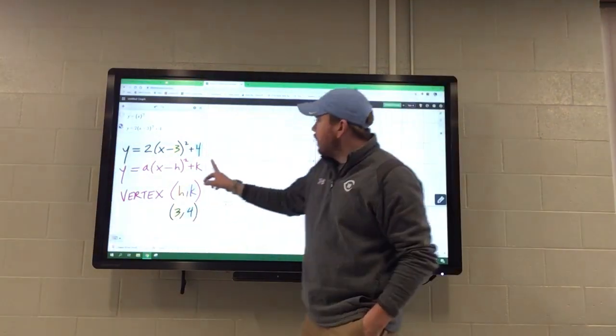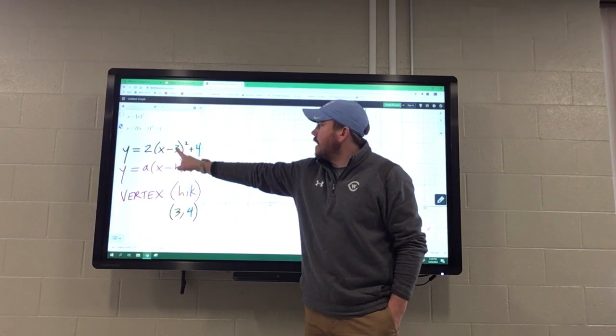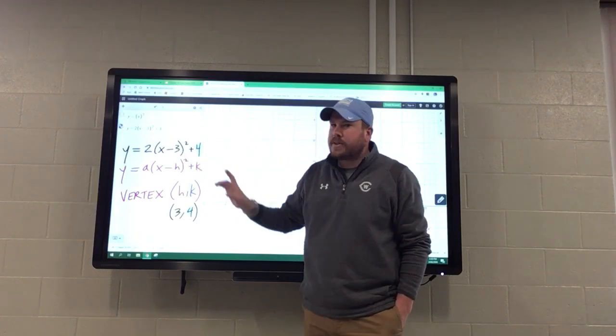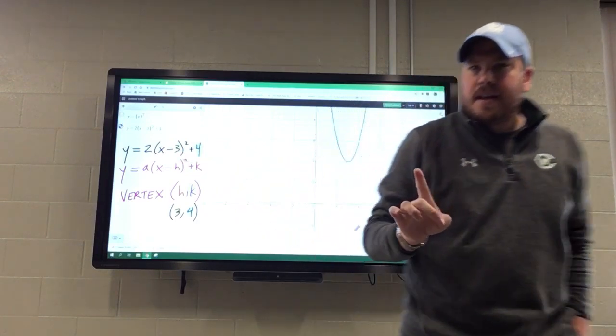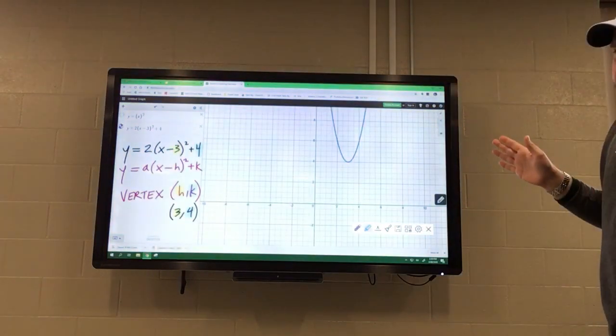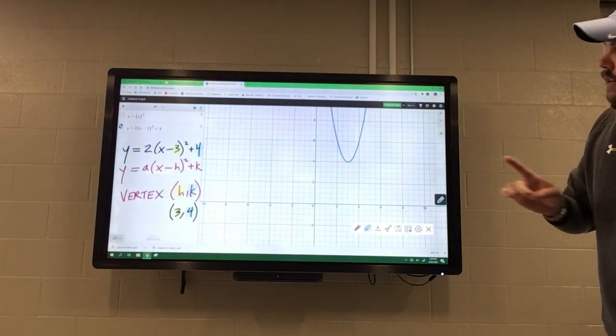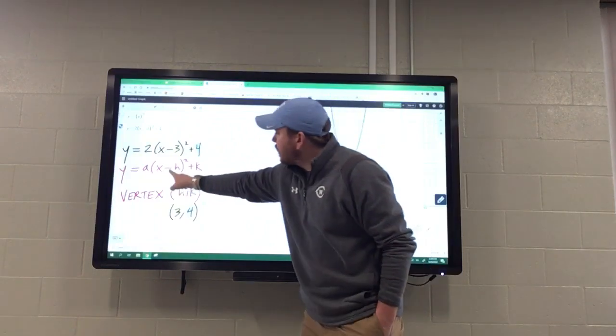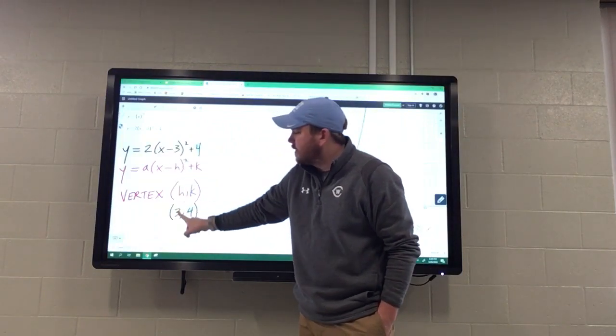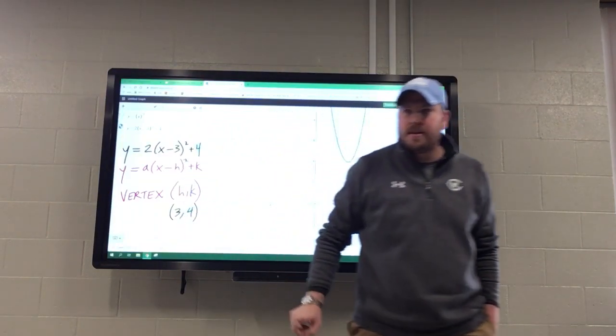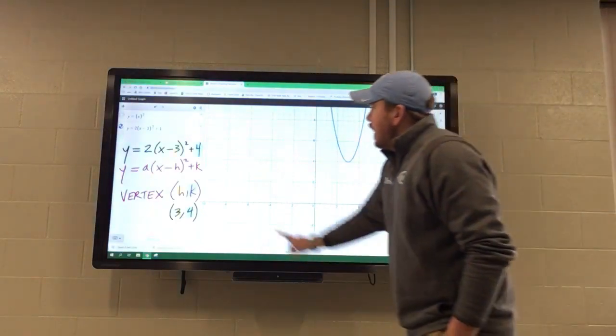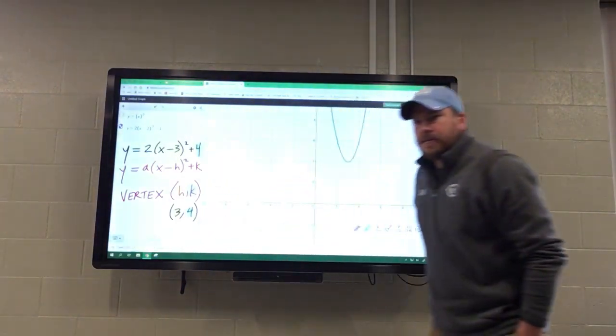So looking at this vertex form, I can tell you that the vertex is at 3, 4, which, quick little side note by the way, I know that h looks like a negative 3, but h is a liar. Notice how in vertex form we have x minus h, so x minus 3 means our vertex is at a positive 3. And then our k always tells the truth, so k is 4.